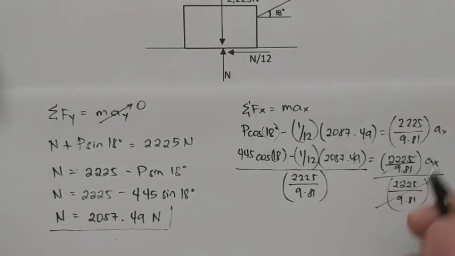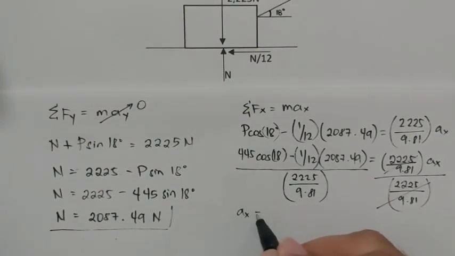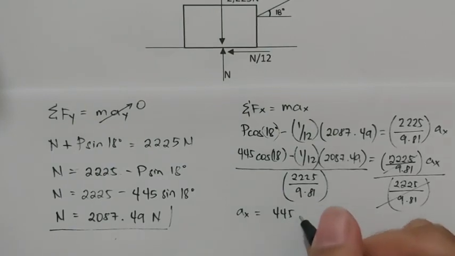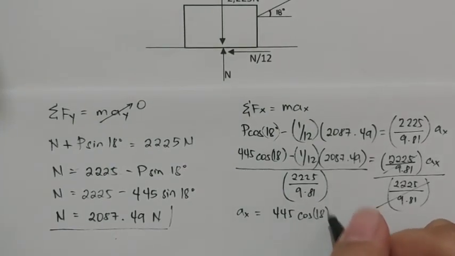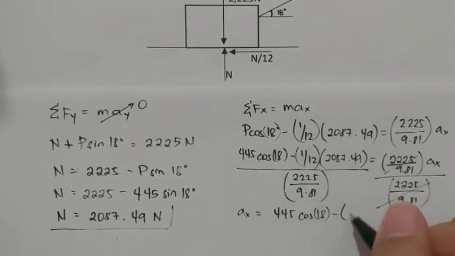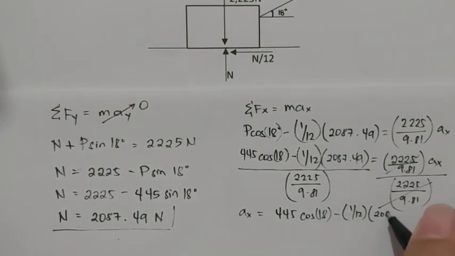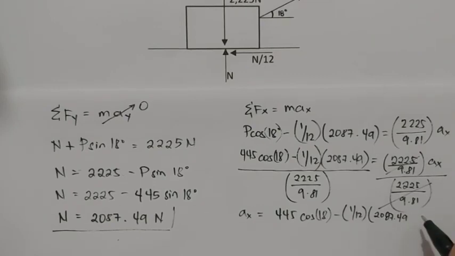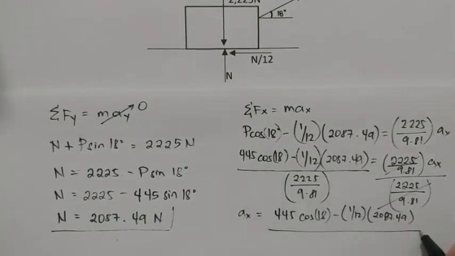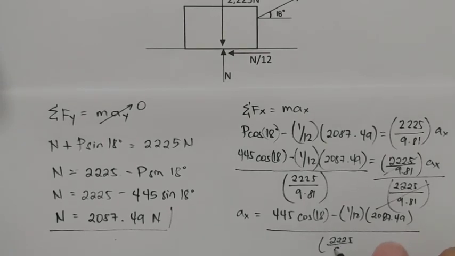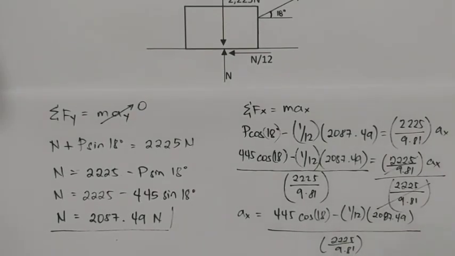Therefore, canceling this, we can see that our acceleration is equal to 445 cosine 18 minus 1 over 12 times 2,087.49, all over 2,225 over 9.81.